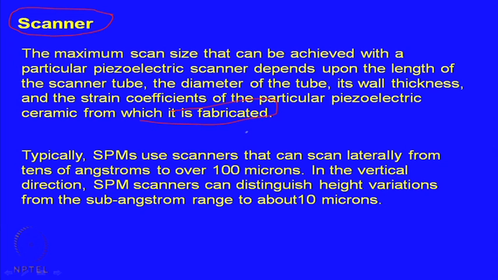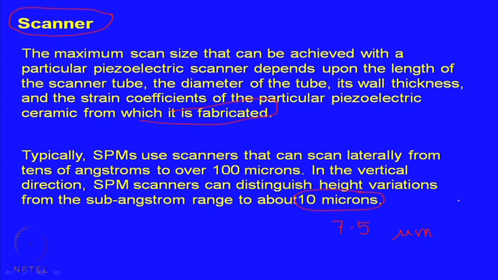Typically, SPM scanners can scan laterally from tens of angstroms, a few nanometers, to over 100 microns. In the vertical direction, SPM scanners are limited to up to 7.5 to 10 microns. 10 micron is, I would say, on the higher side. So, for the majority of AFMs, the vertical height is limited to 7.5 micron to 8 micron.